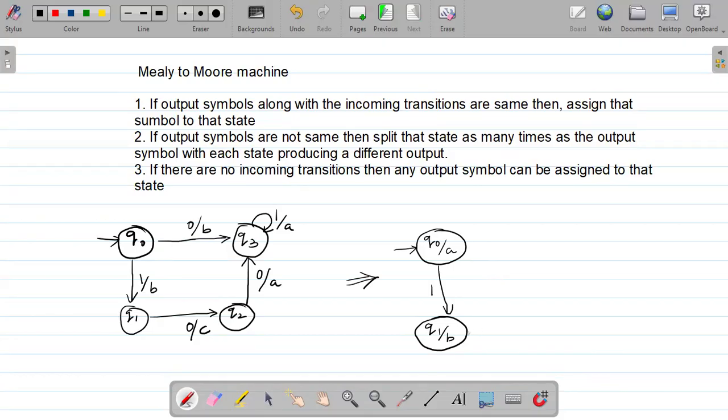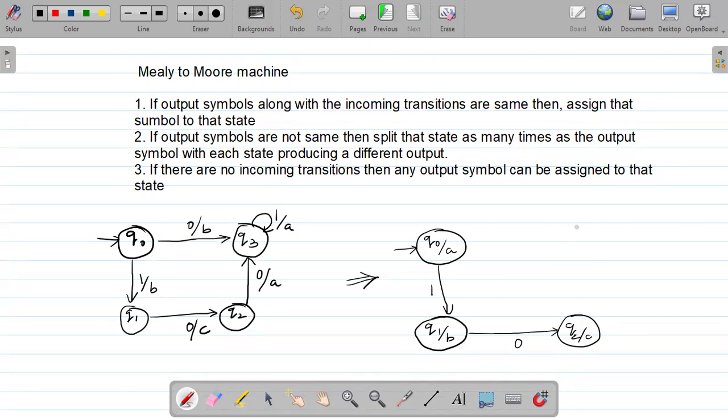Then from Q1 to Q2 there is one transition. Q2 has only one incoming transition, so based on that the output is C. So 0 is the input, we move to Q2, and the output is C.